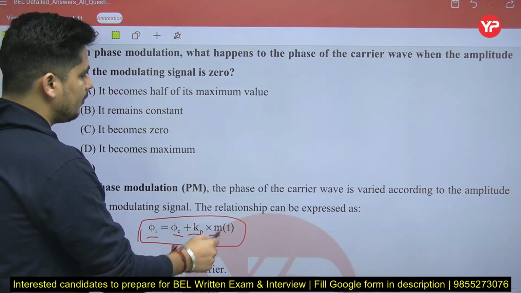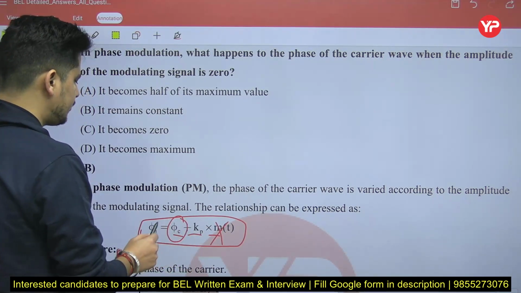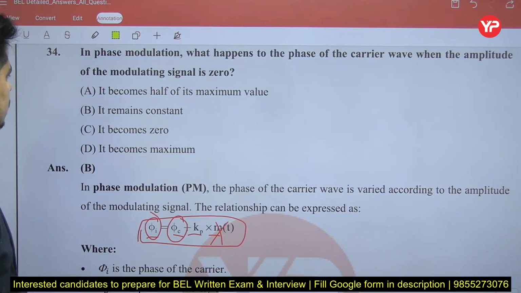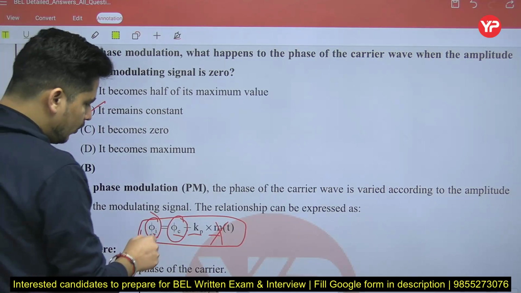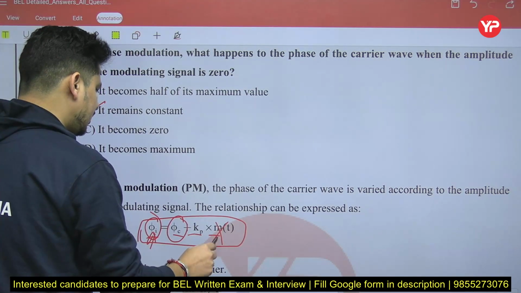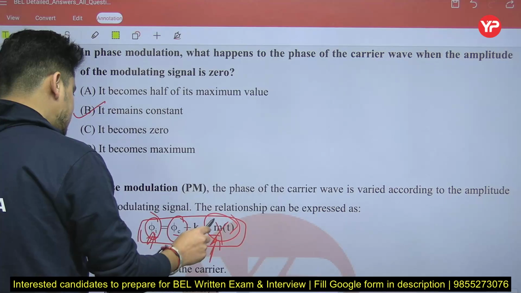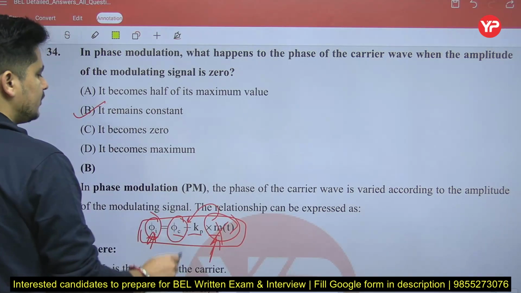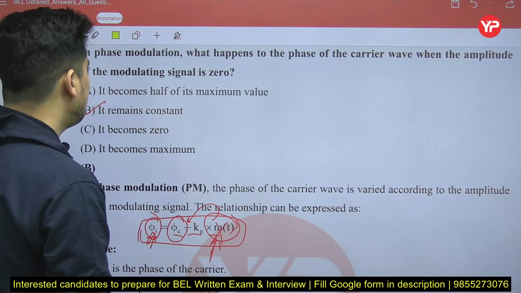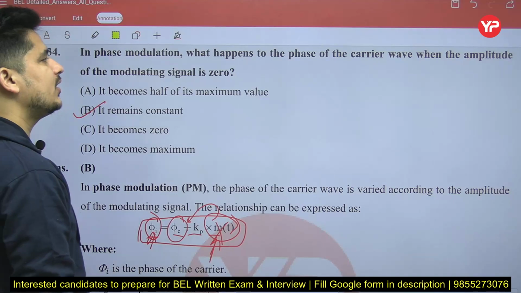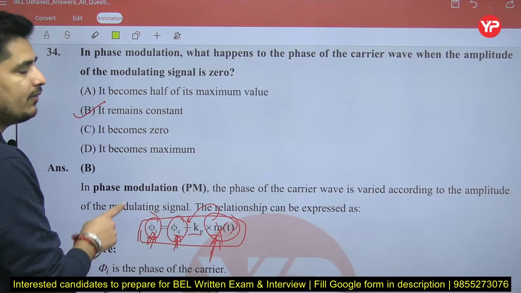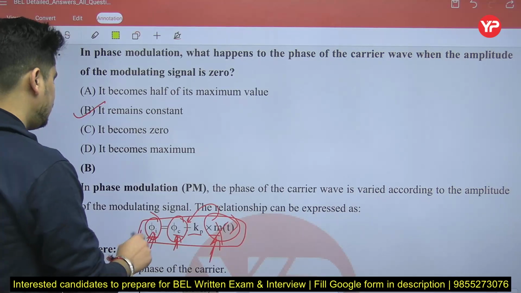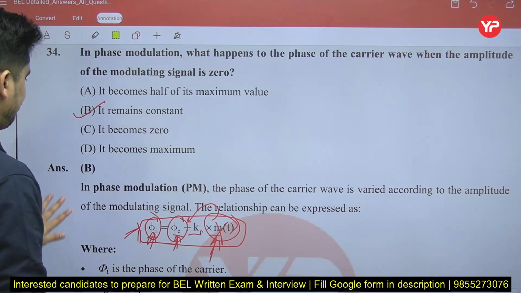So if your message signal is 0, then the phase of the carrier signal is equal to what? Constant, equal to phi_c. So it remains constant, because this phase will only change when you have a message signal. When the message signal changes, its value will change from this phi_c. So if your carrier signal has a constant phase phi_c, then your phase modulated signal will also have a constant phase from this equation.